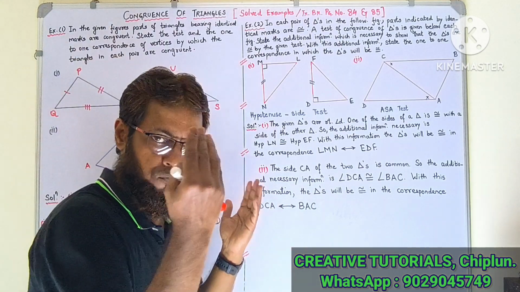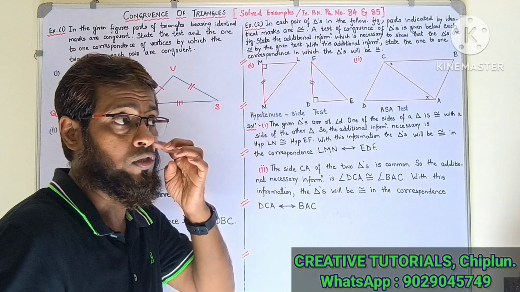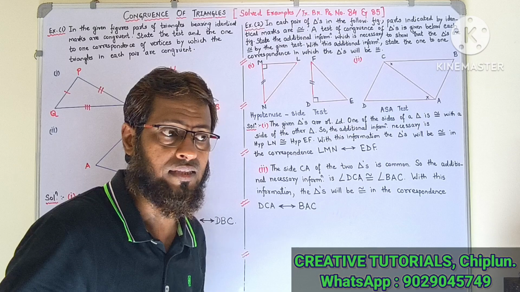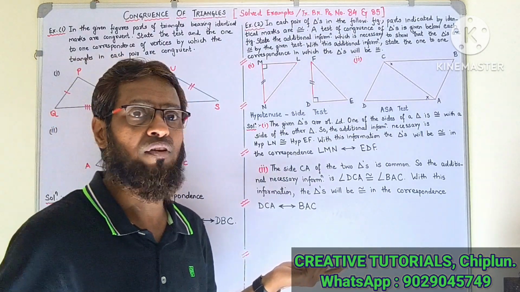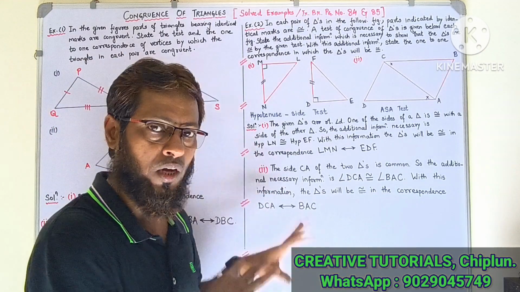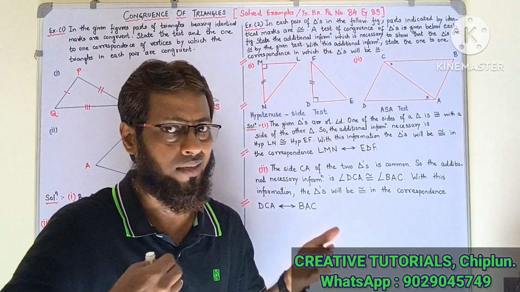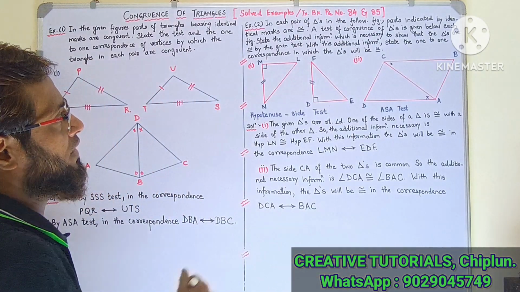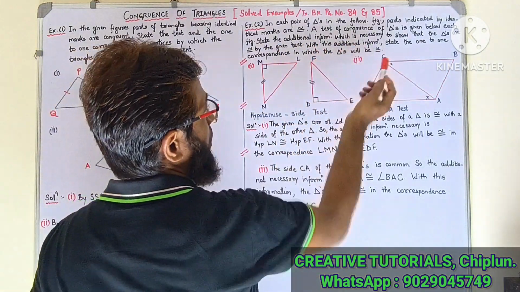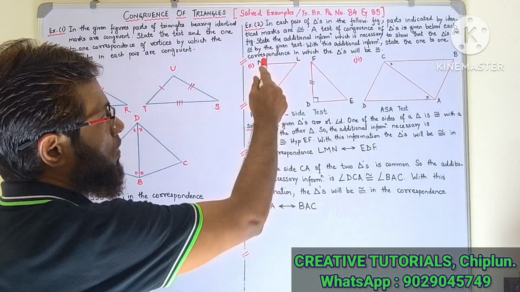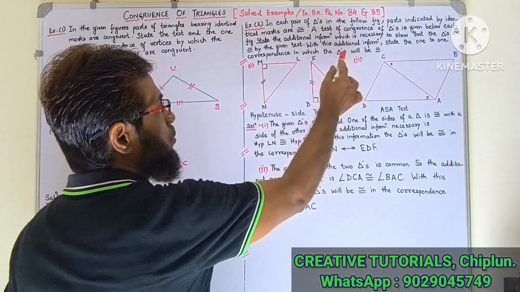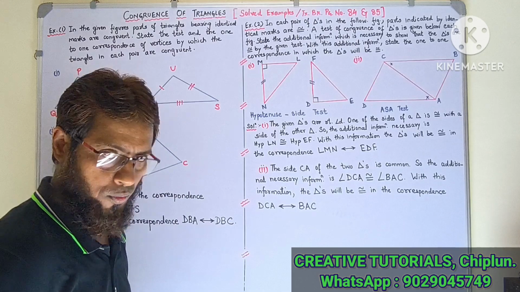In our previous videos also we had seen there are certain conditions, or information you can say, which are very important for us to jot down or to mention to show that two triangles are congruent. Then they're telling us that with this additional information, state the one-to-one correspondence in which the triangles will be congruent.